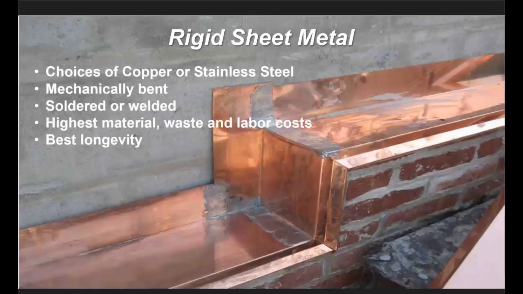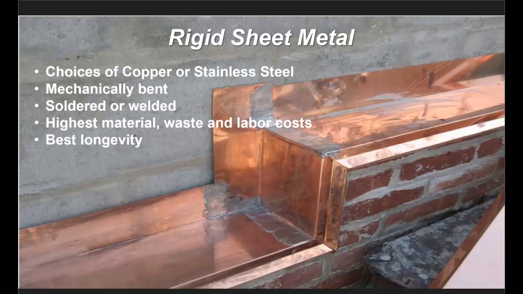Last but not least, when it comes to flashings, we have a rigid sheet metal. This is copper. This is stainless steel. You're not folding this by hand. It's labor intensive because you're soldering and welding the seams. Here's what happens, to be quite frank with this. People will spec it. It's in their spec, but then they'll list an option under it, a flexible flashing.